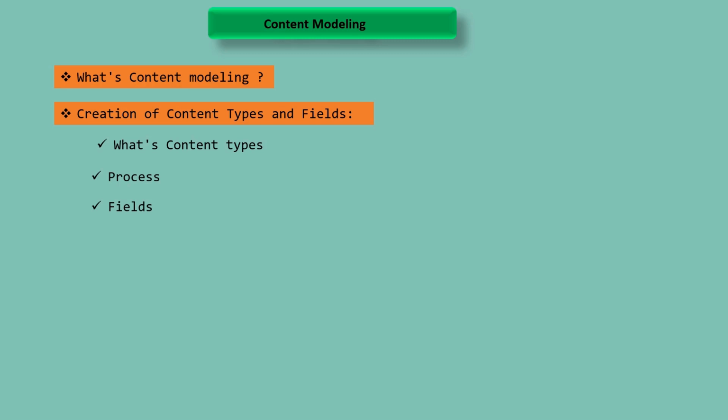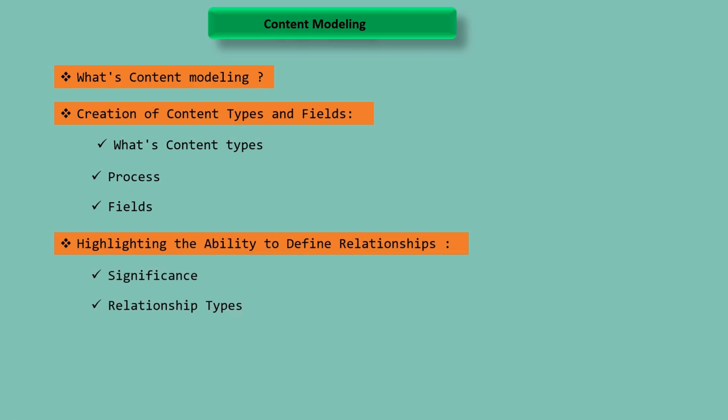Fields. Within each content type, developers define specific fields. These fields represent the attributes or characteristics of the content type. For instance, a product content type might have fields like name, price, and description. Highlighting the ability to define relationships. Significance. Content often relates to each other in a hierarchical or interconnected way.